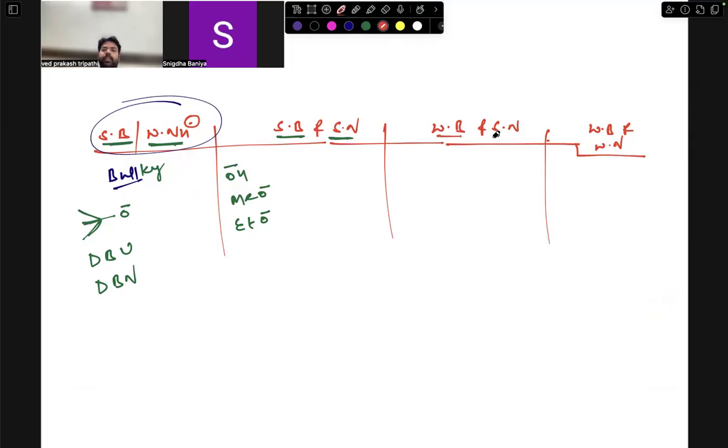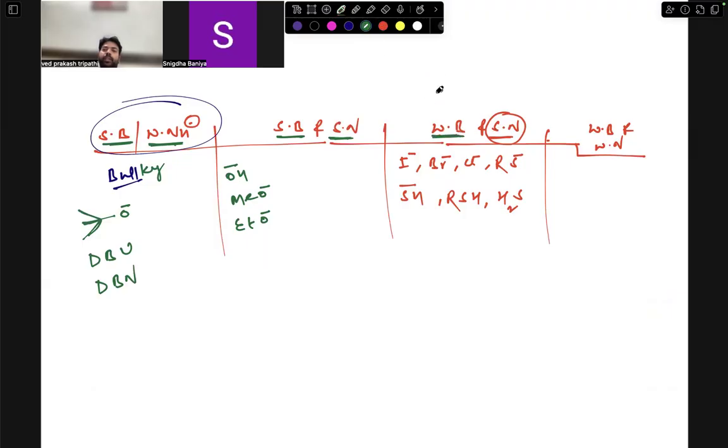Next is weak base and strong nucleophile. All the halogens like I minus, Br minus, Cl minus, and then sulfur ones, RS minus, SH minus, RSH, and H2S. So how can you memorize this one? Sulfur and halogen is a strong nucleophile but weak base. Clear?